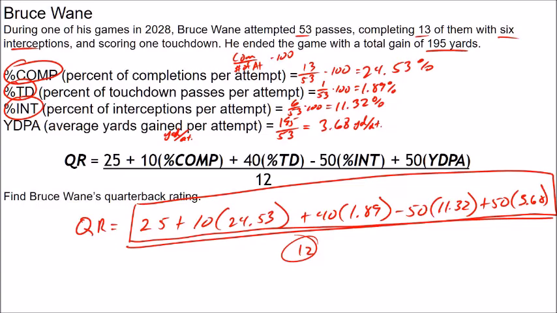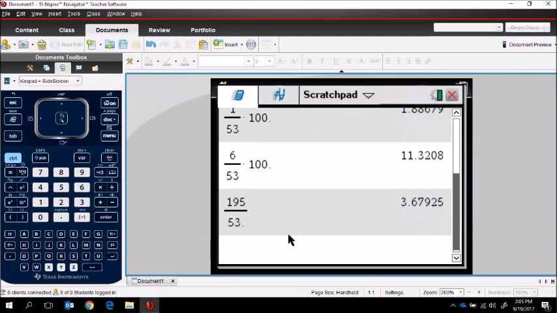Okay? I'm going to go back over here to the calculator. And our formula would be 25 plus 10 times the percent complete, which is 24.53, plus 40 times the touchdown percentage, which was 1.89, then minus 50 times the interceptions, 11.32, and then plus 50 times the yards per attempt, 3.68.